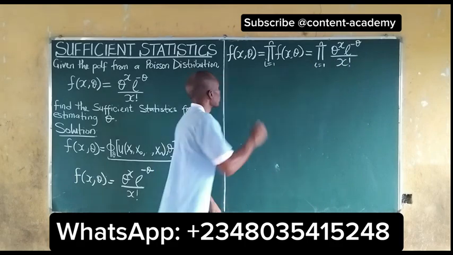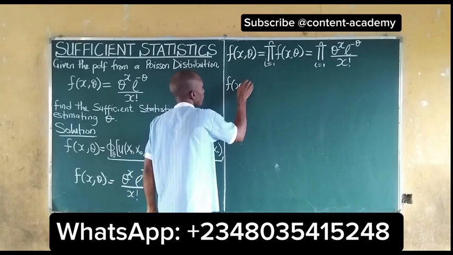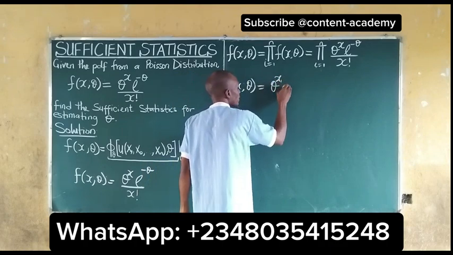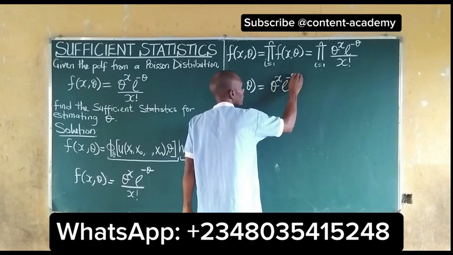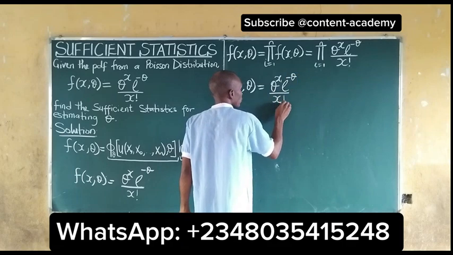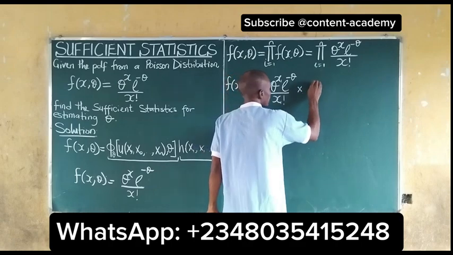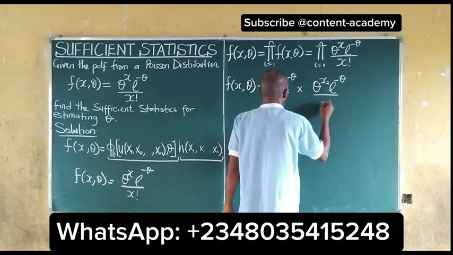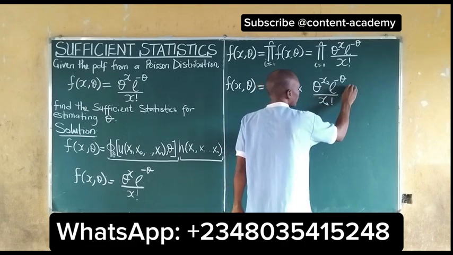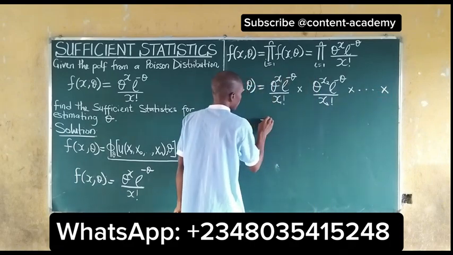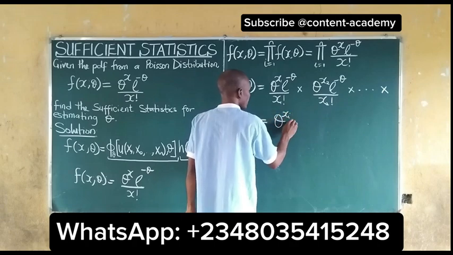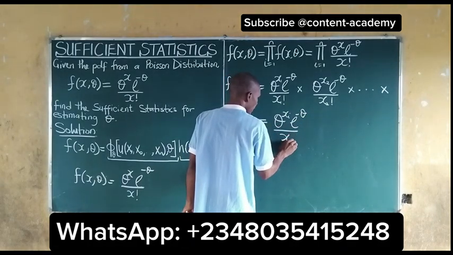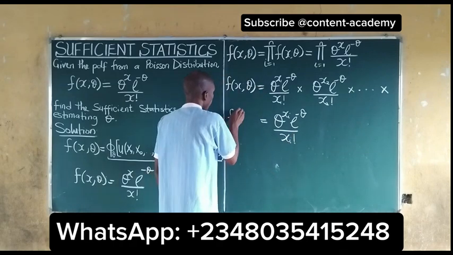So we take the product of this function, and it will give us the first one as theta to the x1, exponential negative theta, all over x1 factorial, multiplied by theta to the x2, exponential negative theta, all over x2 factorial, and it continues like that to give us theta to the xi, exponential negative theta, all over xi factorial. So this is what we get.